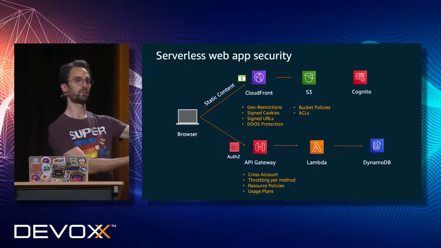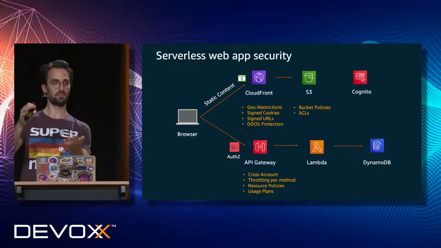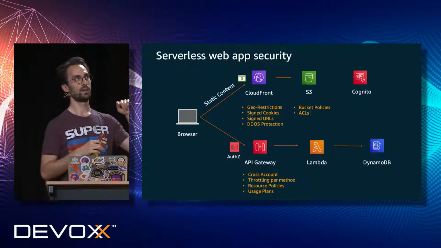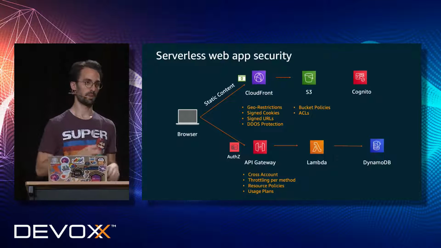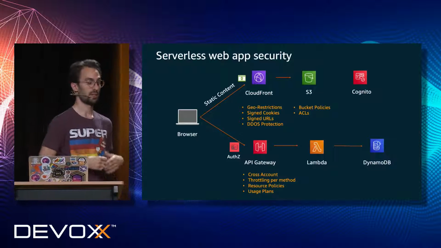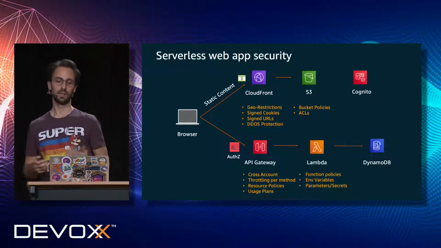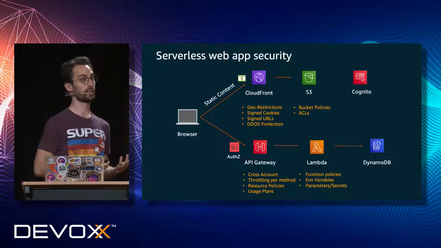That's like the freemium plan. And then the platinum plan, these have 1 million invocations per month, but a maximum of 10 invocations per second. You can do this kind of check, and it's all managed for you. You don't have to re-implement it. And Lambda comes with the concept of function policies.